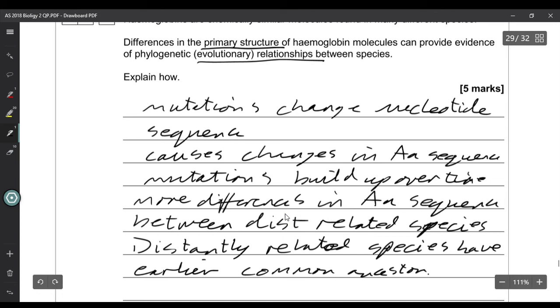So the earlier the common ancestor, the more time there's been for mutations in the nucleotide sequence to build up, and that in turn causes a larger difference between the primary structures of the molecule.